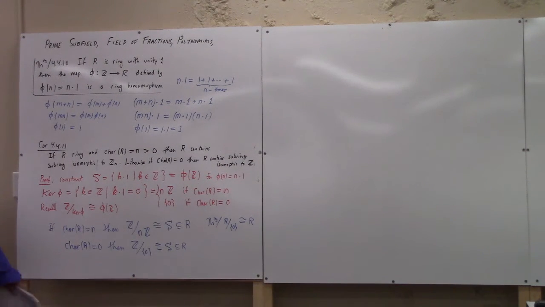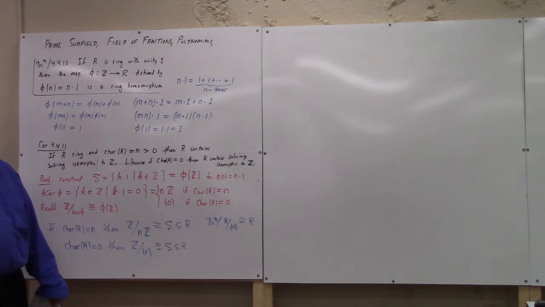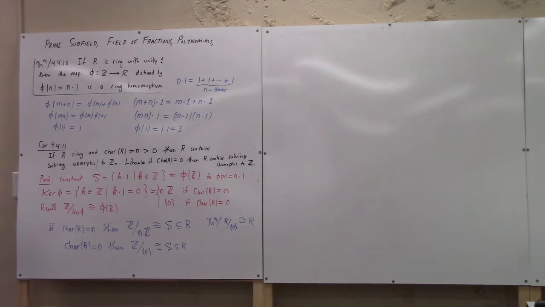But when you mod by 0, you're just saying the new 0 is 0, but it's 0 for equivalence classes. Equivalence classes are sets of elements, not the elements themselves. So technically they're not literally the same object, but in terms of algebra, R mod 0 is R. All right, enough about that.